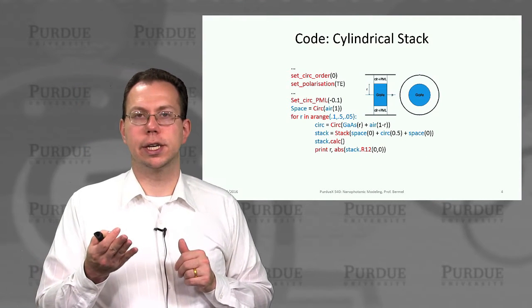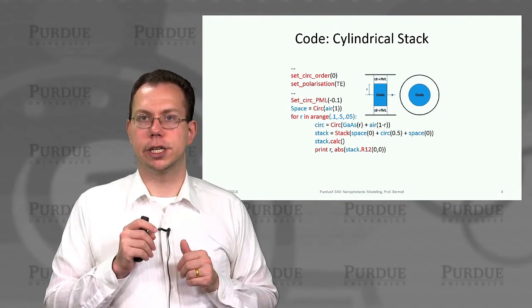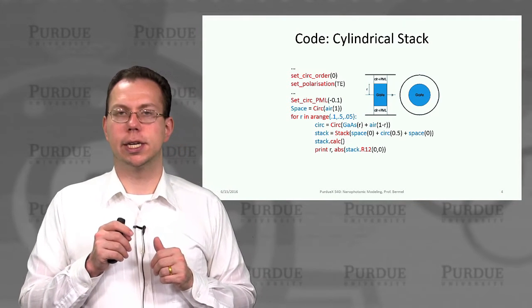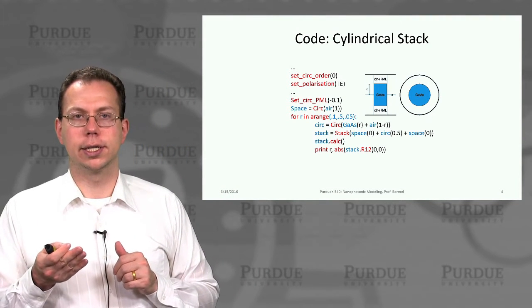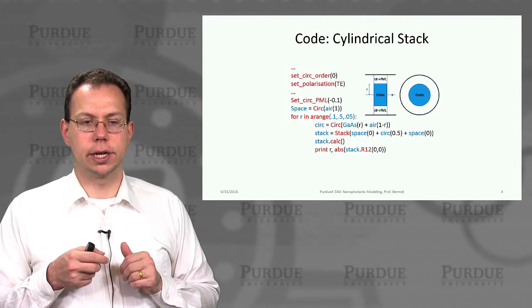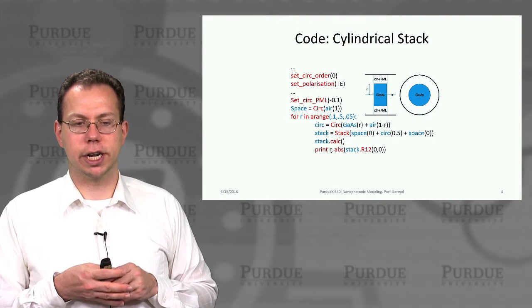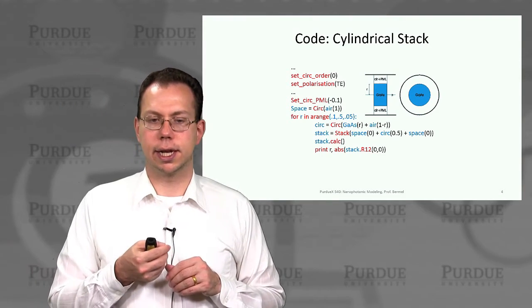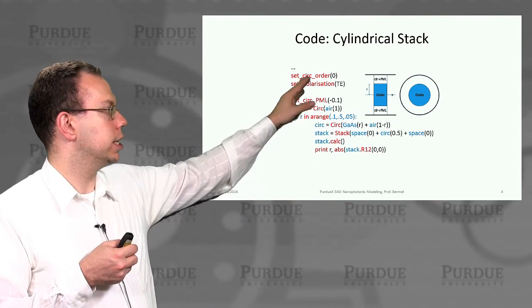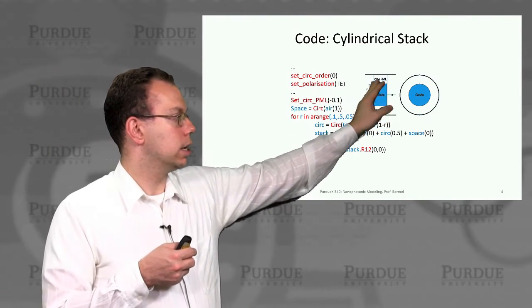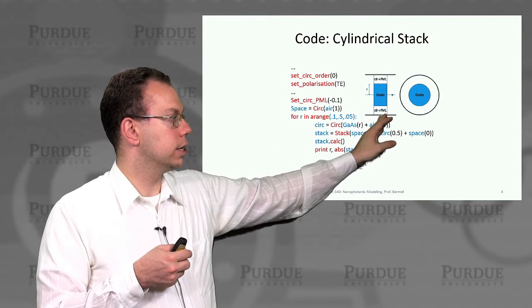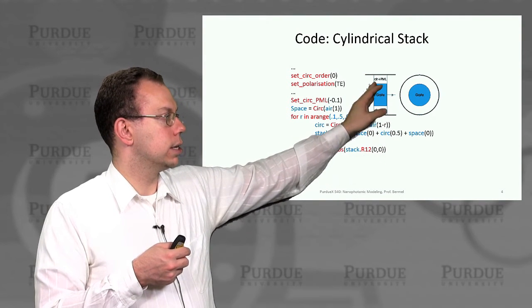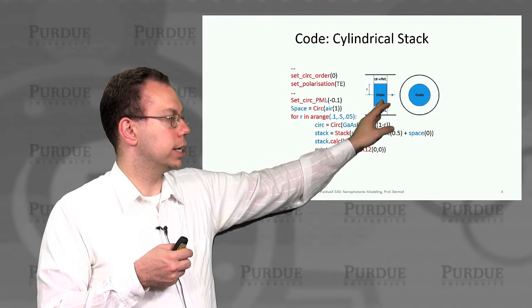Now, we're not necessarily limited just to Cartesian geometries. Another possibility is to look at cylindrical stacks of materials. In this case, it's very analogous to what we just did, except that instead of having a 1D layer or 1D stack that was here, we create a circularly symmetric stack.